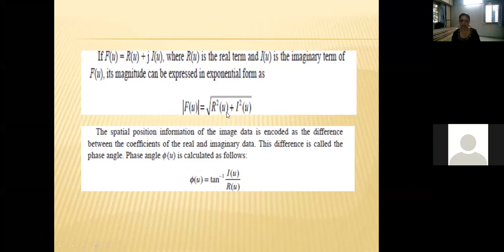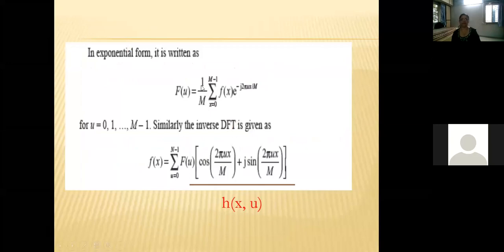There is a question: what is m in the inverse transform? See, basically m represents the size of your input vector. So this f(x) is your original vector and the index x varies from 0 to m minus 1, which means your input vector length is m.